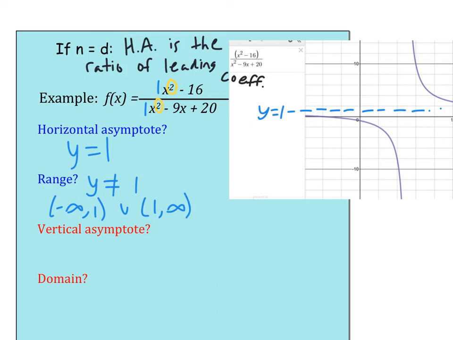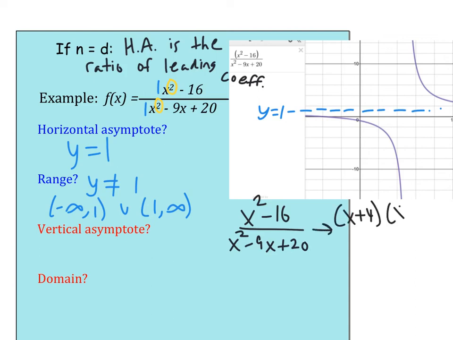Okay, now what about reviewing the vertical asymptotes and domain? Okay, let's get this function simplified a little bit. X squared minus 16 over x squared minus 9x plus 20. If we factor that, right, the numerator is the difference of perfect squares, x plus 4, x minus 4.